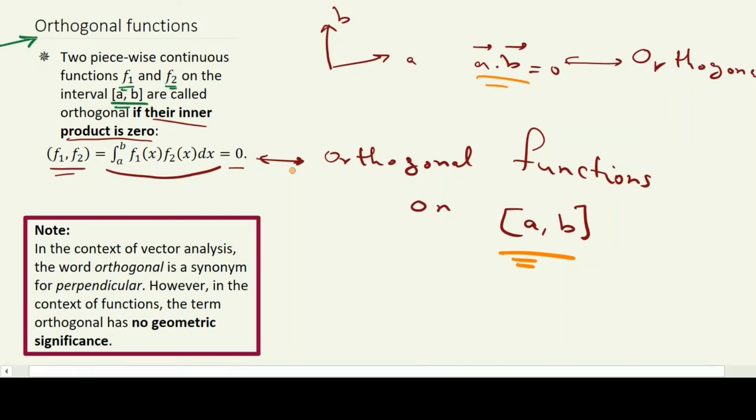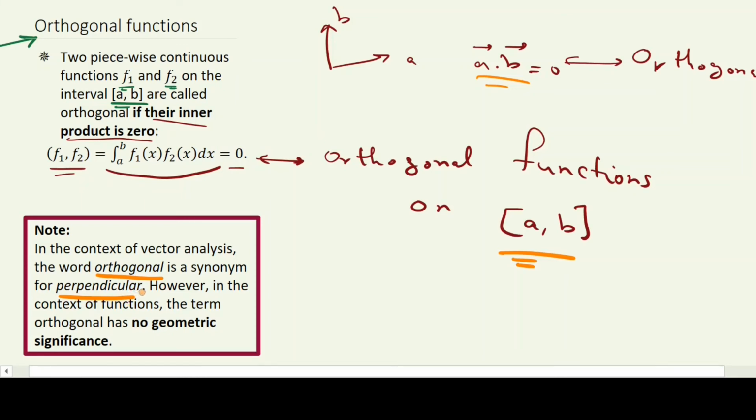And for two-dimensional and three-dimensional spaces, orthogonal vectors simply meant perpendicular vectors, so the terms were kind of synonyms.